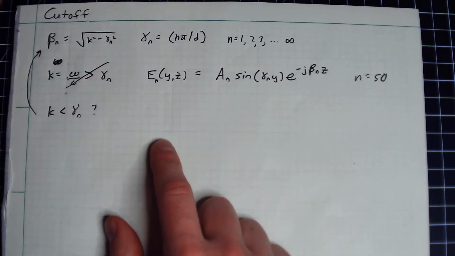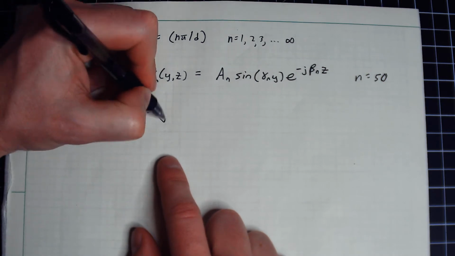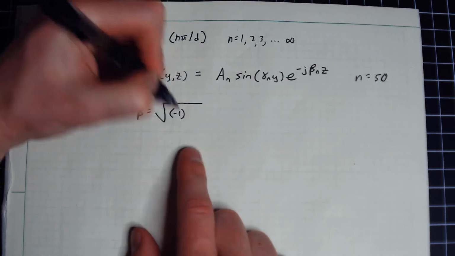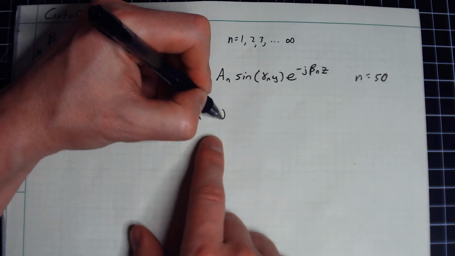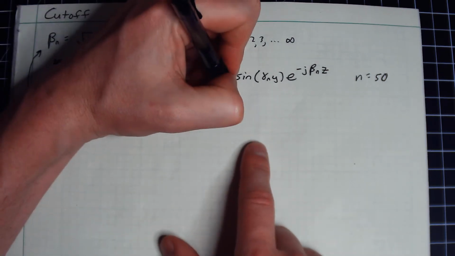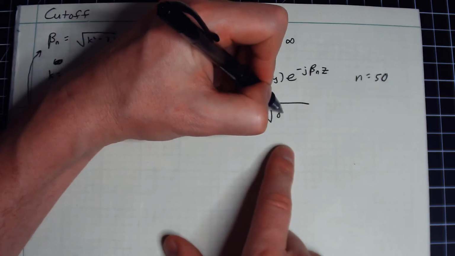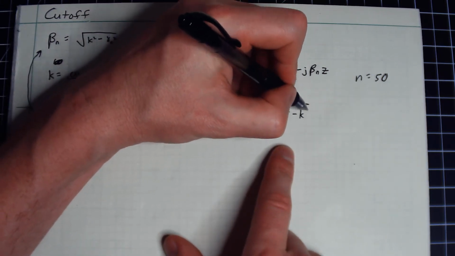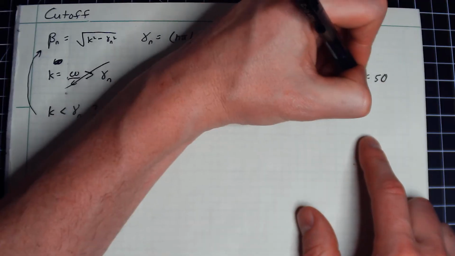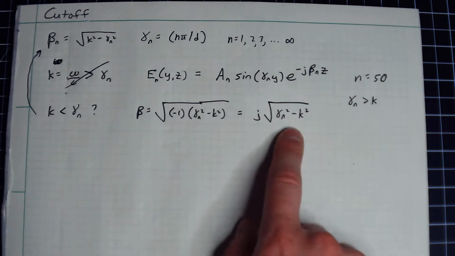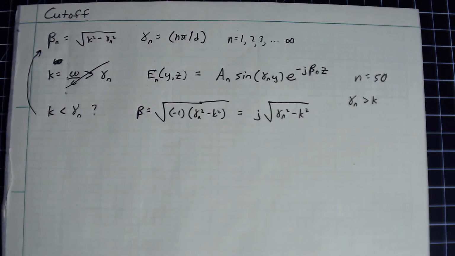So let's write this out as follows. I have beta is equal to the square root, and I'm going to factor out a negative 1: gamma n squared minus k squared, like so. And that's going to become j times the square root of gamma n squared minus k squared. So I'm going to impose the condition here that gamma n is greater than k, so that this little radical here is now going to be some positive number.